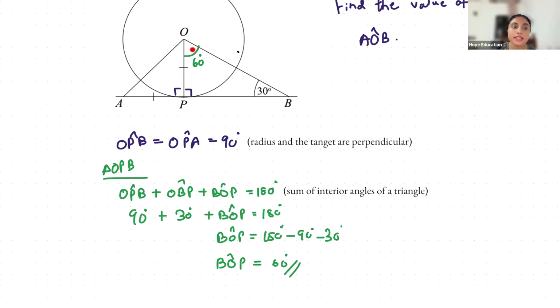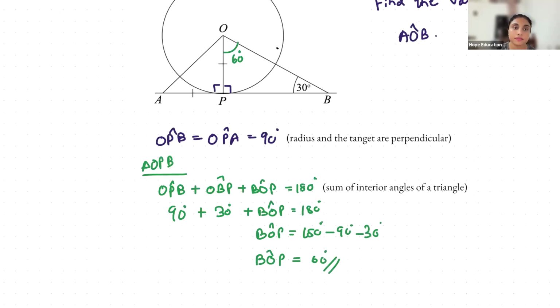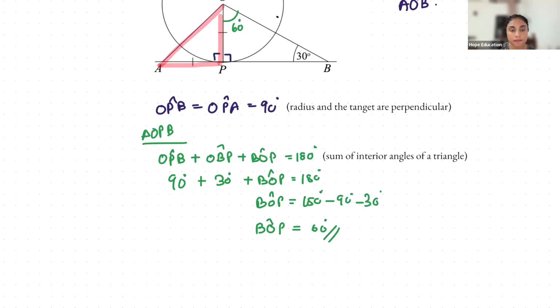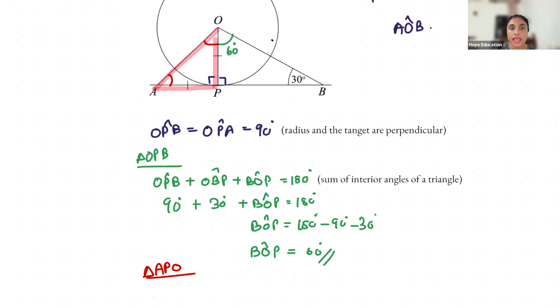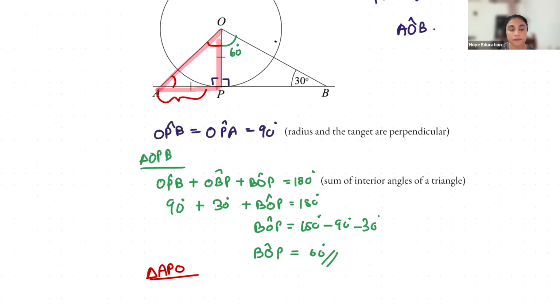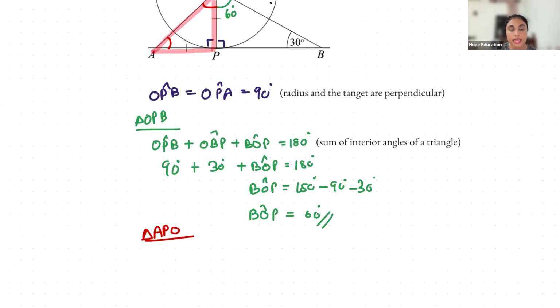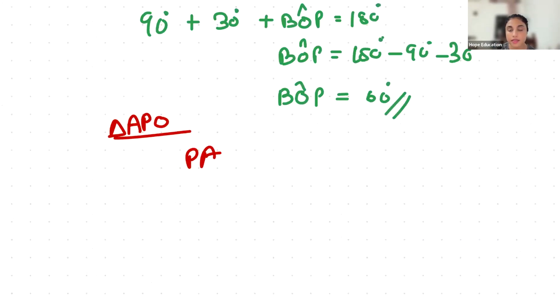Okay, then let's come to this triangle APO. Let's see what happens in APO. You can see that this is an isosceles triangle, which means these two angles should be equal. In an isosceles triangle, base angles are equal. So first of all, I will write that PA equals PO, that is given.